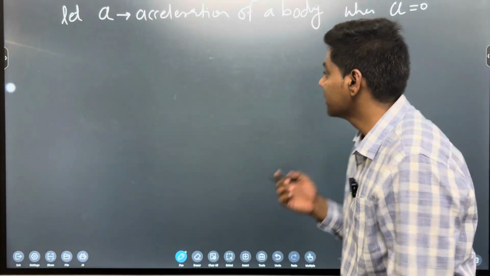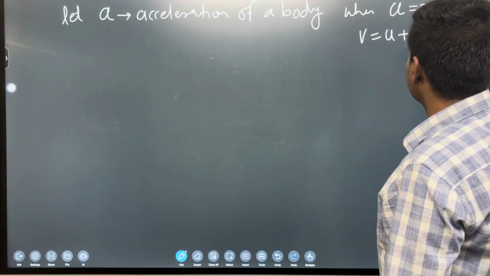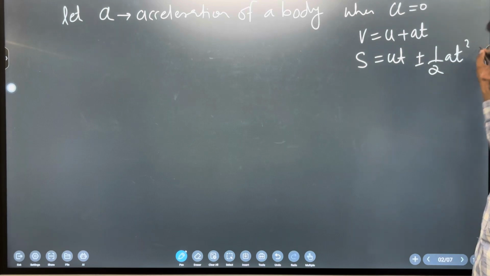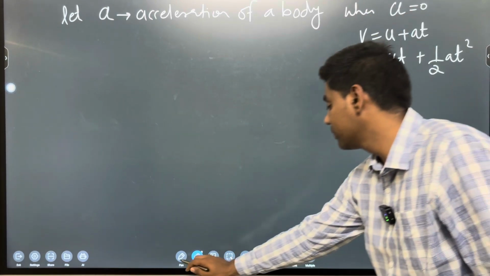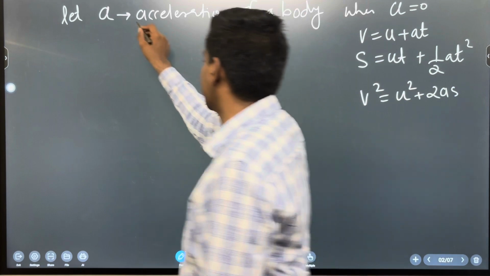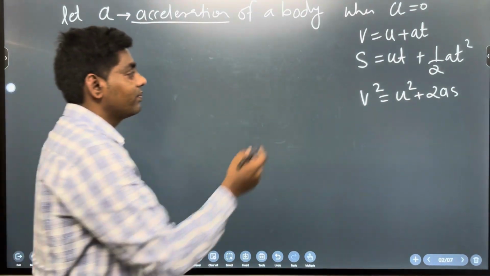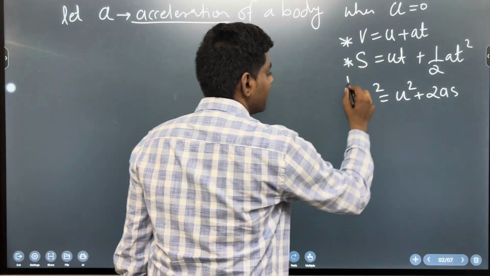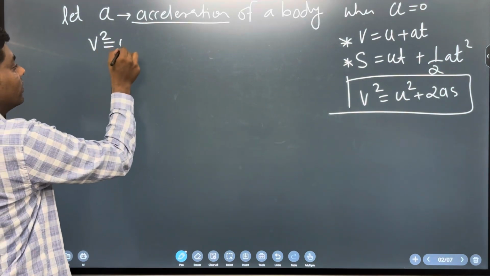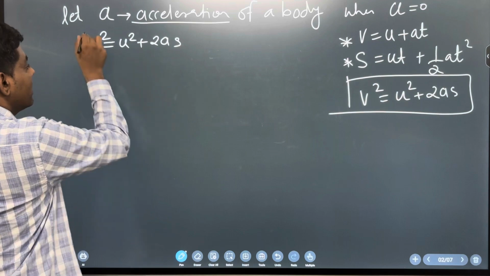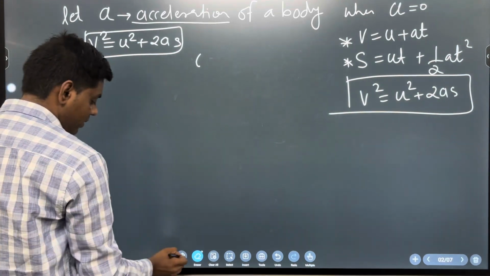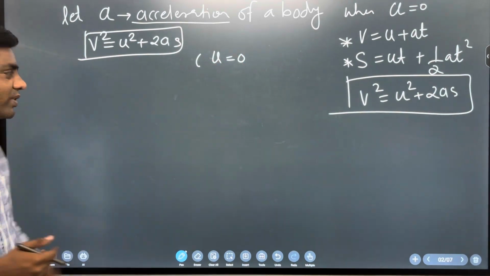If the body is performing linear motion, we can use the kinematics equations. There are three kinematics equations: v equal to u plus at, next s equal to ut plus half at square, and the last one, v square equal to u square plus 2as. We have to calculate acceleration. We don't know the time, so we skip the first and second and use the third kinematics equation, v square equal to u square plus 2as. Initially, what will its speed be? 0. So u equal to 0, and we simply substitute it.